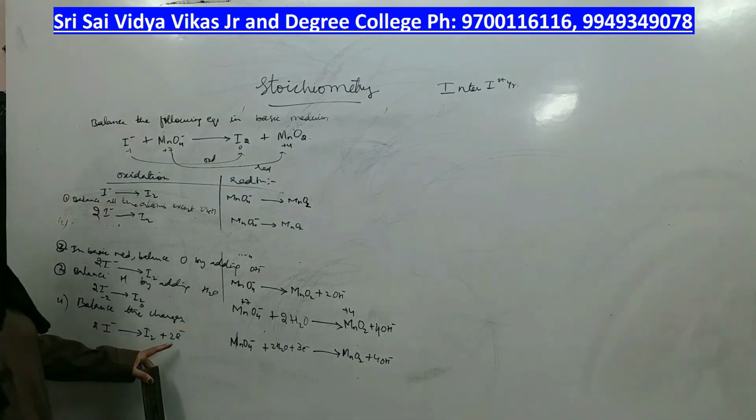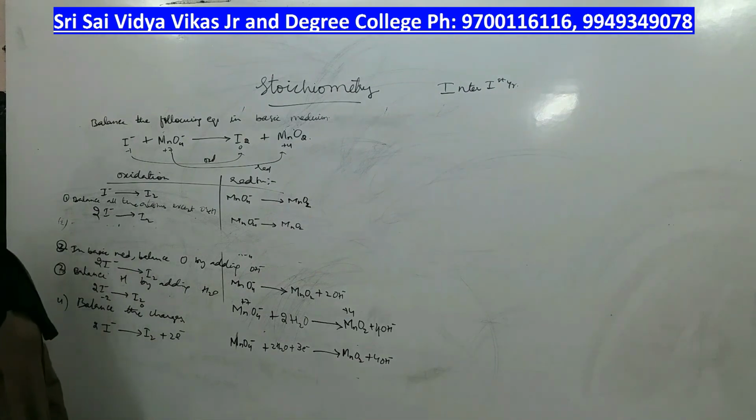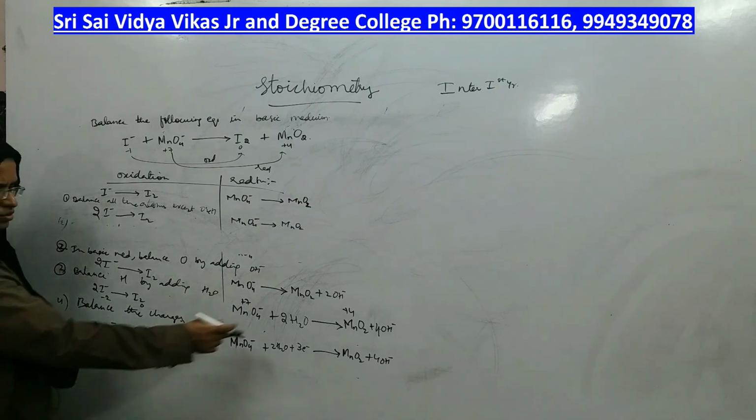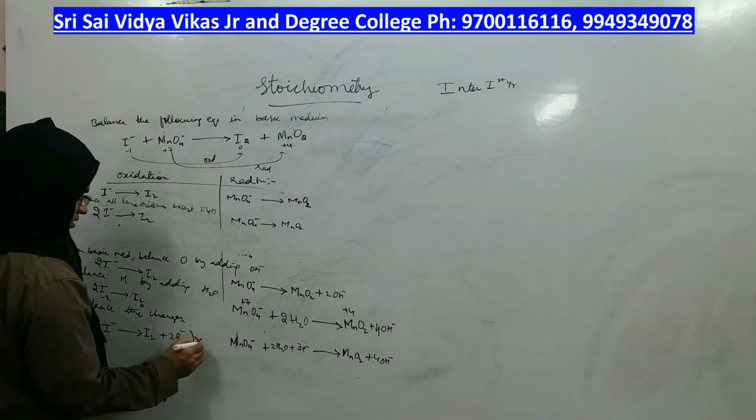Here the number of electrons lost is 2. Here the number of electrons gained is 3. How can we make both of them equal? Multiply by the factor 2 there and multiply by the factor 3 here. Then only both become equal.